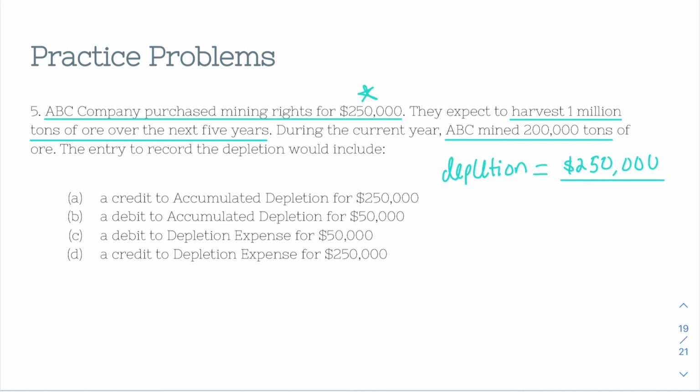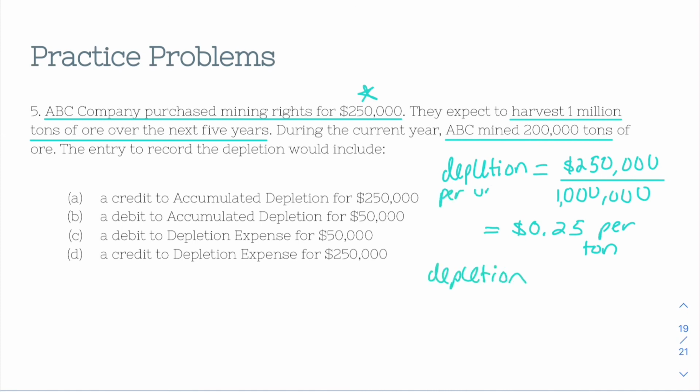So in this case, it's tons of ore, and it's 1 million tons of ore can be harvested. So our depletion per unit of ore is going to be 250,000 divided by 1 million tons. So that is going to be 25 cents per ton.